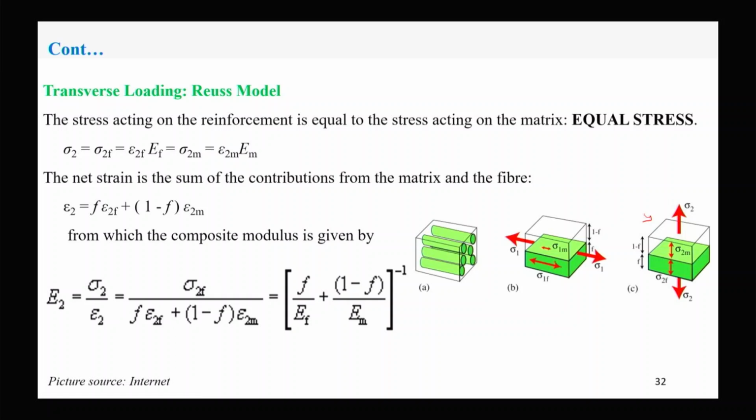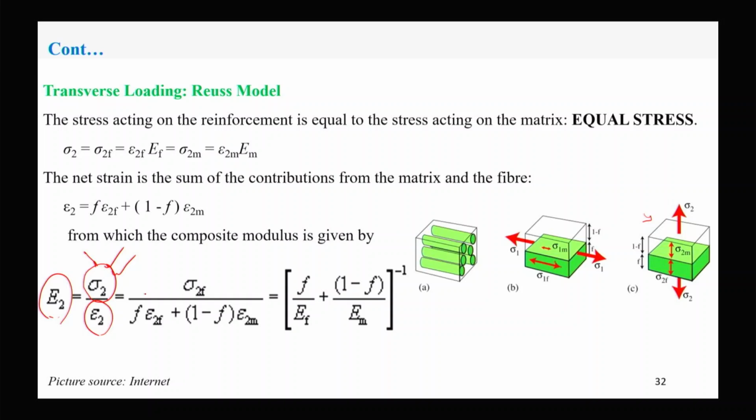Modulus of composite E2 is nothing but stress on composite, sigma 2, divided by epsilon 2.